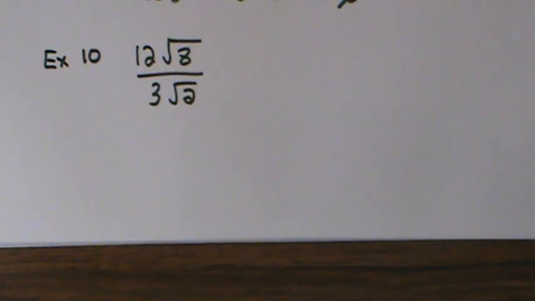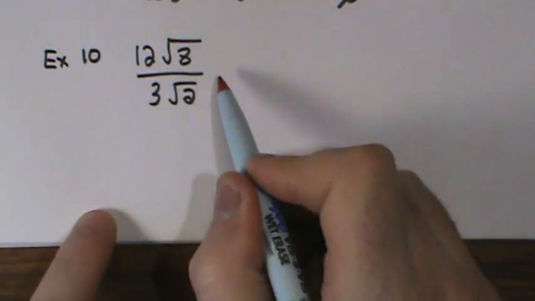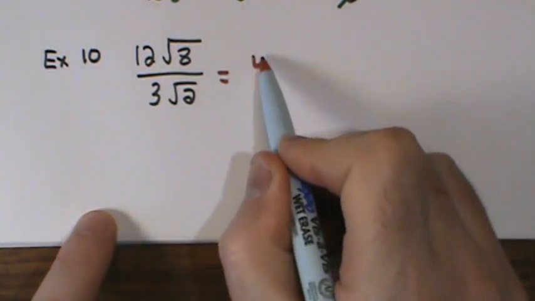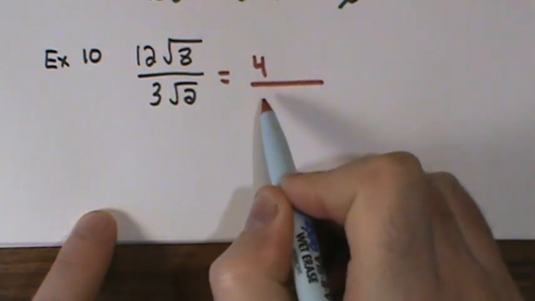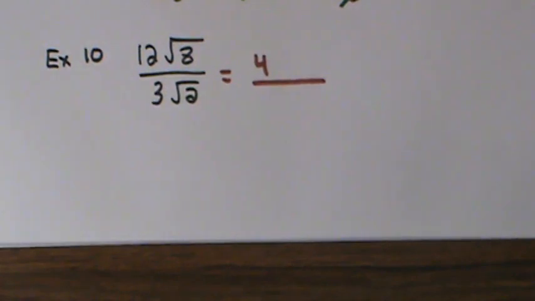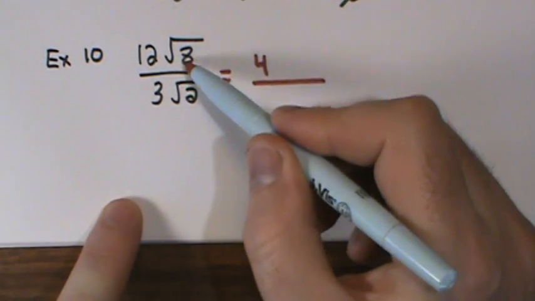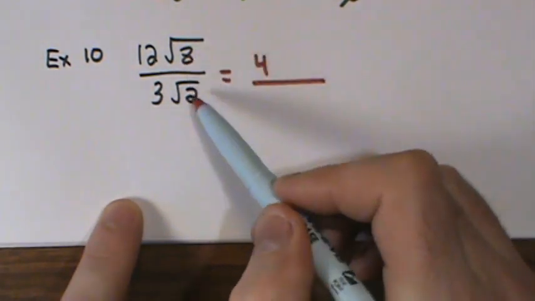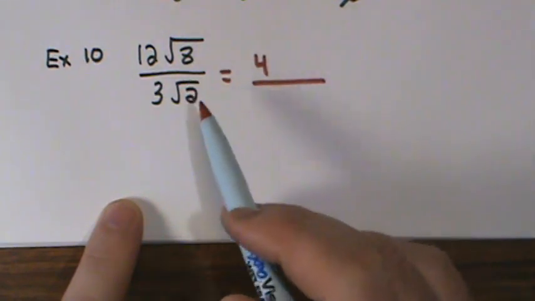As you look at the outside numbers, the 12 and the 3 reduce. So I'm going to call this 4 over 1. Oh, I don't put 1s. It's implied. I don't need it. And then when I look at the radicals, a rad 8 over rad 2 has a common factor of 2.